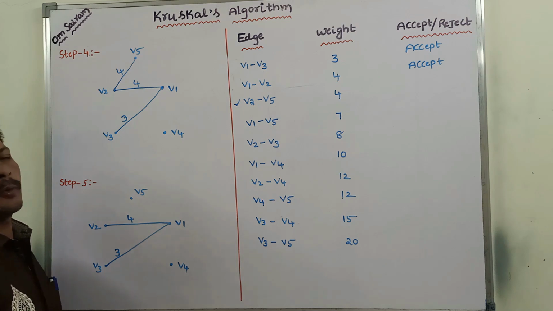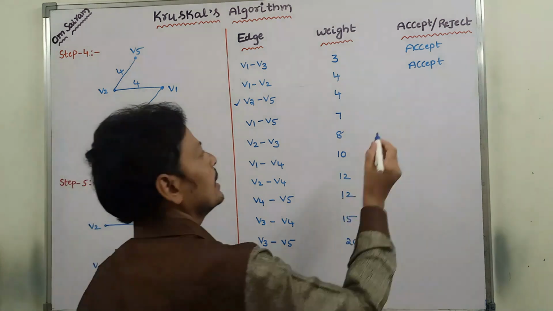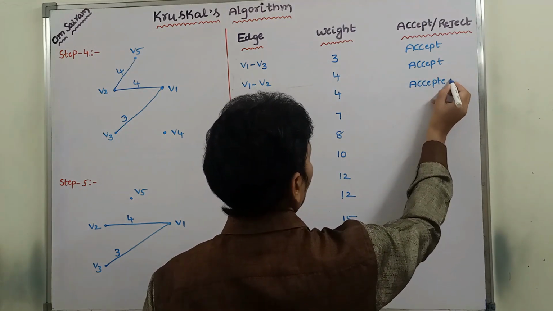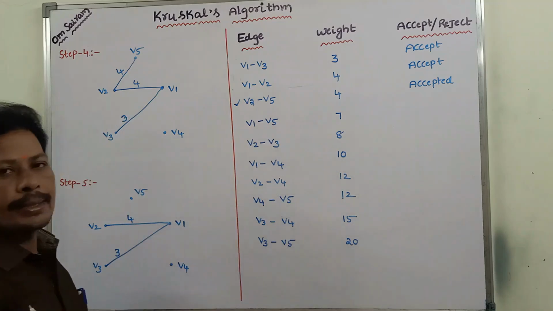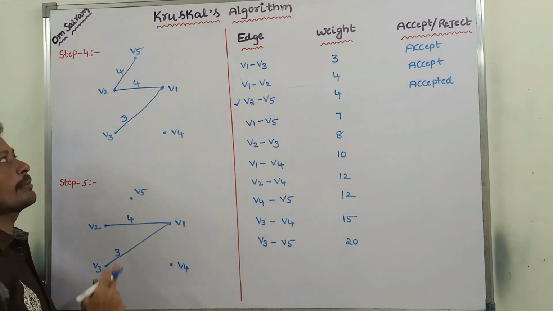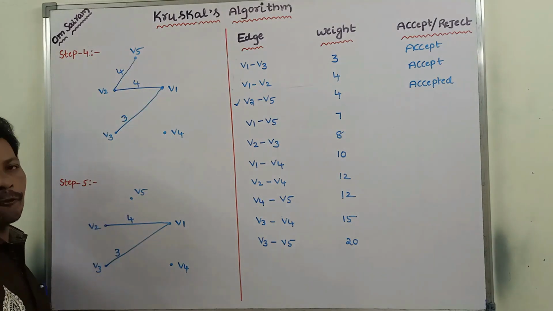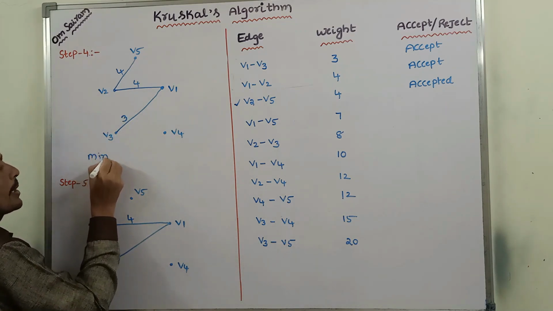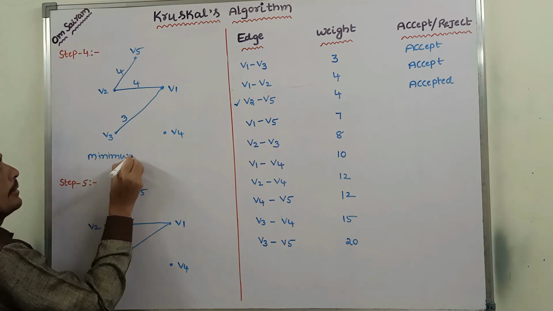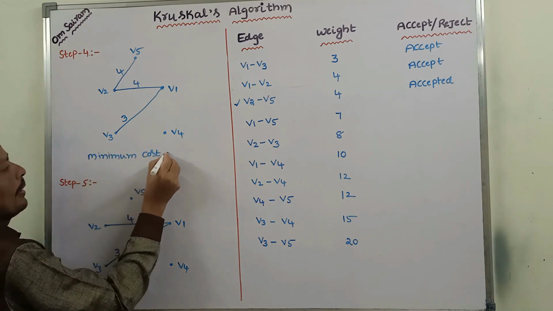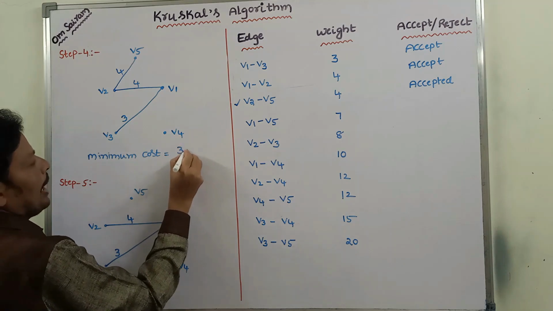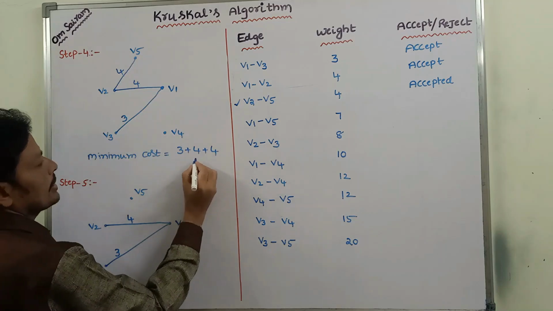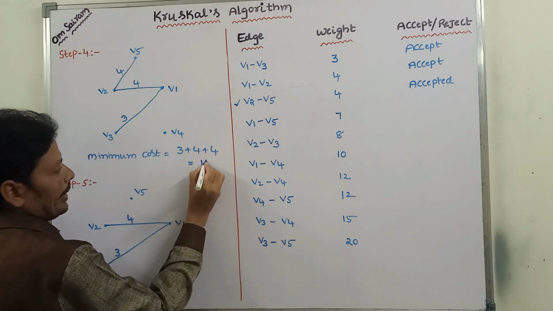Its weight is 4, so we can say this edge is accepted, because after adding this edge into the existing spanning tree, no cycle is formed. So after adding this edge, the minimum cost of the spanning tree is 3 plus 4 plus 4, that is equal to 11.